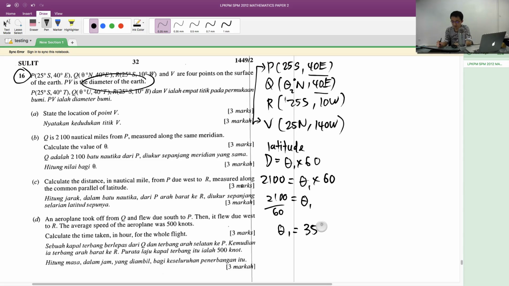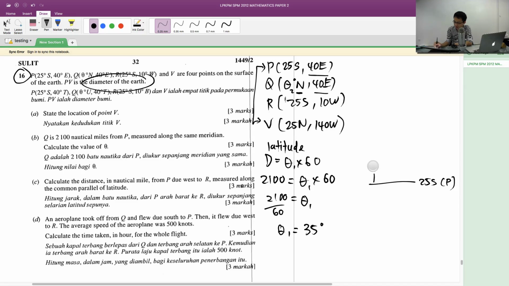Alright, you have to read the question again to see where exactly Q and P are. Q is 2100 nautical miles from P along the same meridian. Calculate the angle. Oh, because of the north, I know actually they're going up. So let's say this is P, 25S. Because Q is N, do you see the N here?